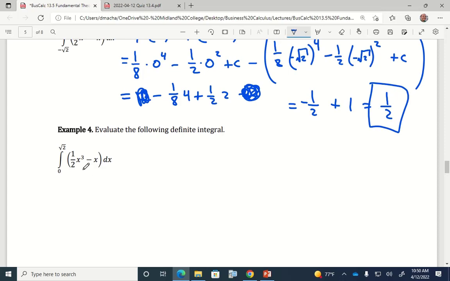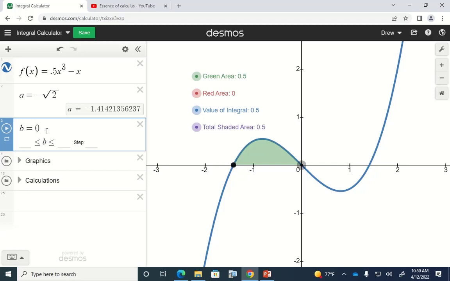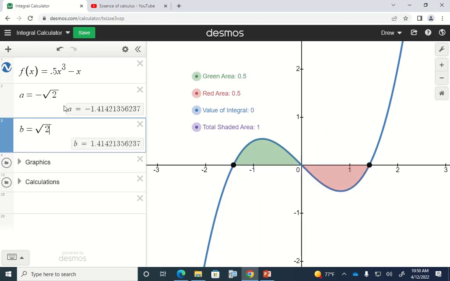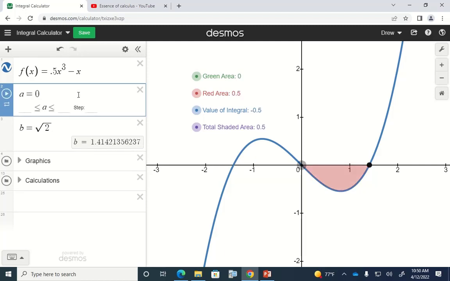Example 4 has us calculating the definite integral between 0 and positive square root 2. So let me make my upper bound positive square root 2 and my lower bound 0. And my answer should be, if I did it right, negative half.